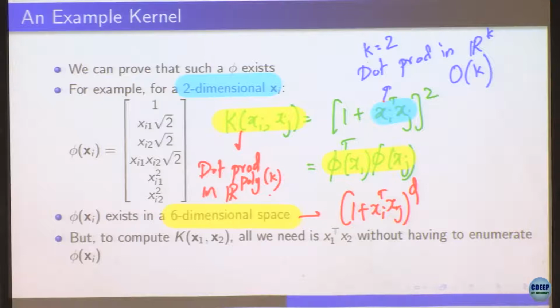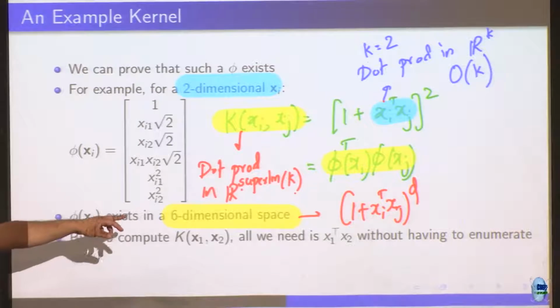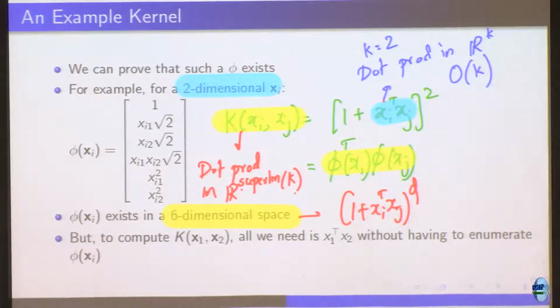So the dimension quickly grows. It suffices to say that it will be a non-linear or superlinear growth in k. But the advantage is just by taking 1 plus xi transpose xj raised to d, I can get the same effect.